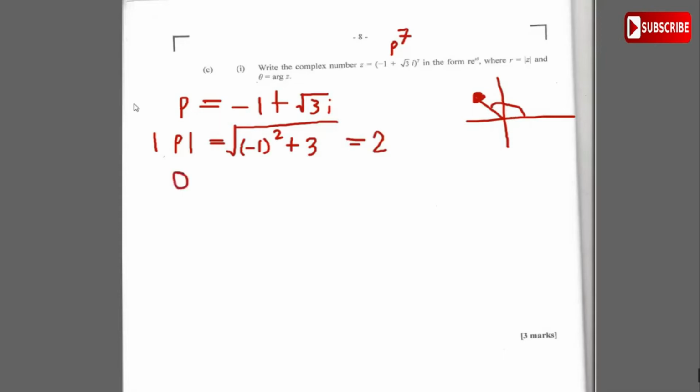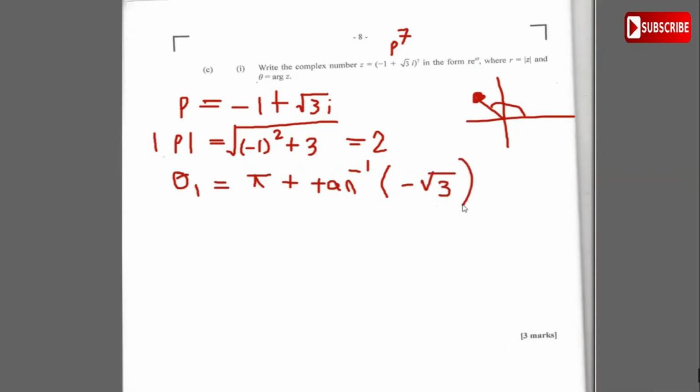And the argument, I'm going to call it theta 1. So my argument theta 1 is going to be equal to pi plus tan inverse of y over x. So it's pi plus tan inverse of root 3 over minus 1, which is minus root 3. You put that in your calculator to find out what's tan inverse of minus root 3.